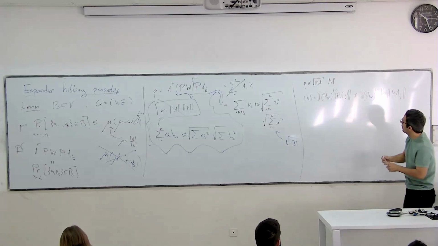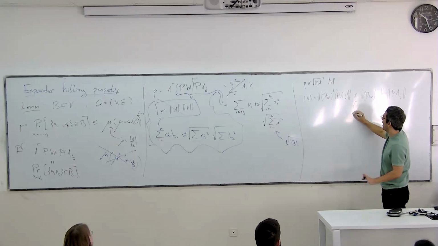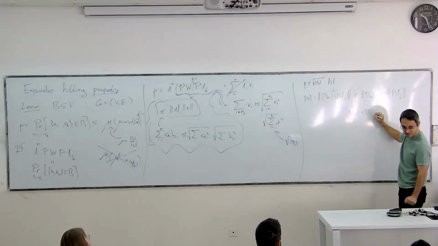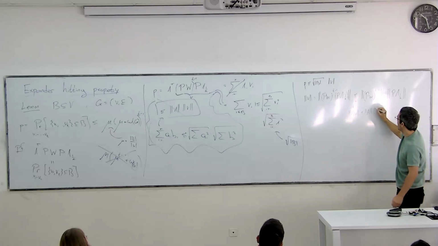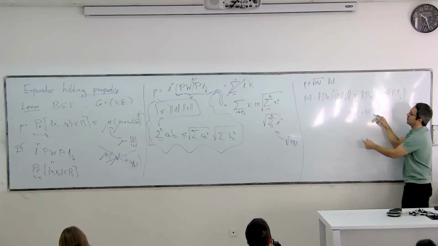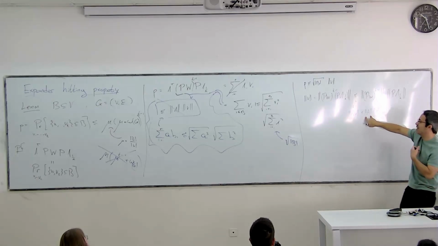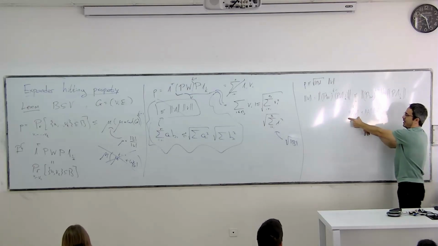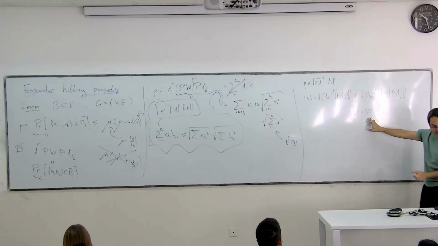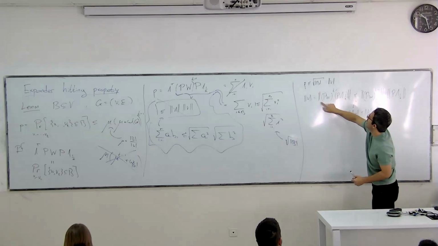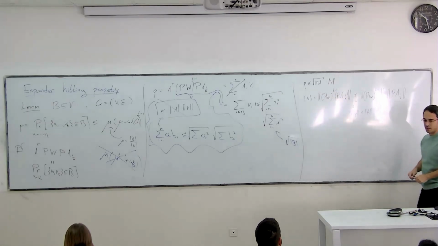In general, if you have some matrix A times some vector psi, and you look at the L2 norms, then this is at most the norm of the operator, the induced norm. The operator norm is defined as induced from the original norm of the vector space by taking the max over the ratios. So that certainly holds. That's the definition. And here my psi is this thing, and my A is this PW to the T minus 1.